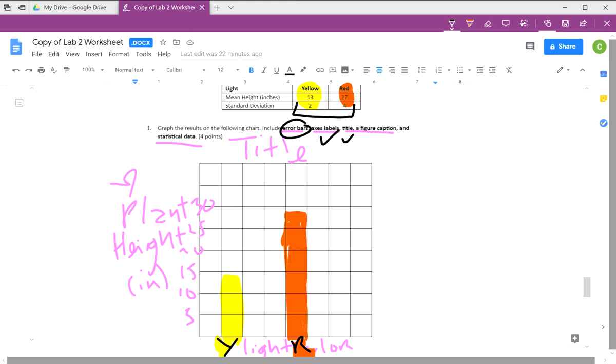Okay, so here's about where 11 is. That's where 15 is. Okay, it just looks like a capital I that we've stretched out. All right, and then over here, for our red, our standard deviation for red was 4 inches. So we need to go 4 inches above 27 to 31 and 4 inches below 27 to 23.